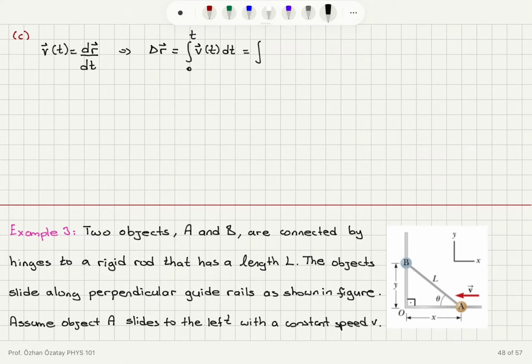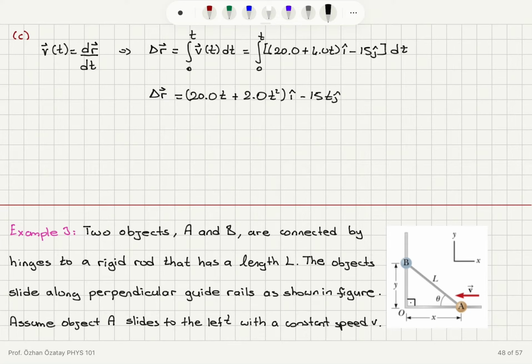So this will be the integral from 0 to t of (20.0 plus 4.0 t) i hat minus 15 j hat, our velocity vector, dt. So we find that the displacement delta r will be 20.0 t plus 2.0 t squared i hat minus 15 t j hat.